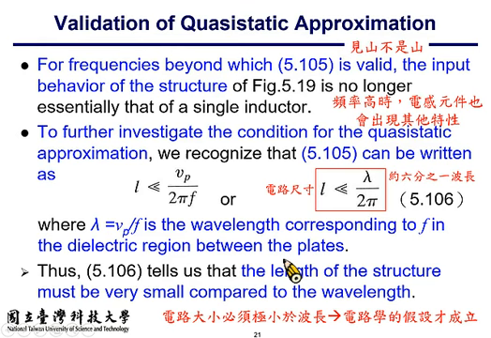So what happens for frequency beyond the quasi-static limit? That is, the component, which is an inductor at low frequency, can become a capacitor, and shall show different properties.